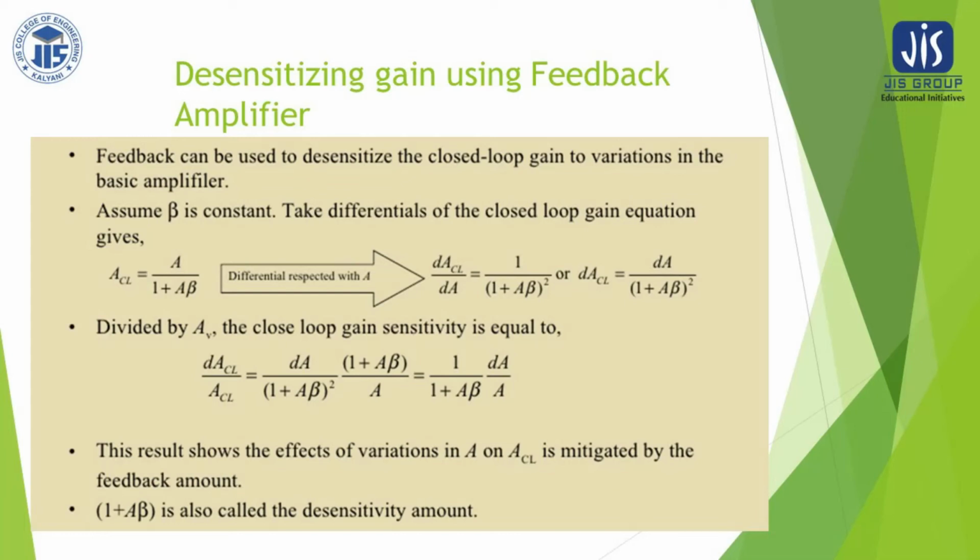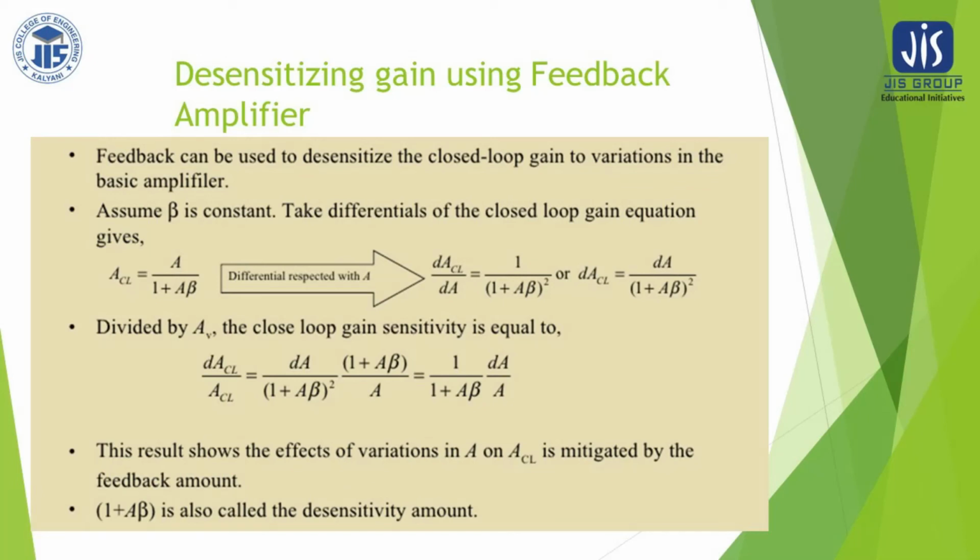So this is the per unit changing gain due to feedback and this is the per unit changing gain without feedback. Without feedback, whatever changing gain we can observe will be reduced by a factor 1 plus A beta to get the changing gain due to feedback. Therefore the changing gain due to feedback has been made more insensitive than the changing gain without feedback.